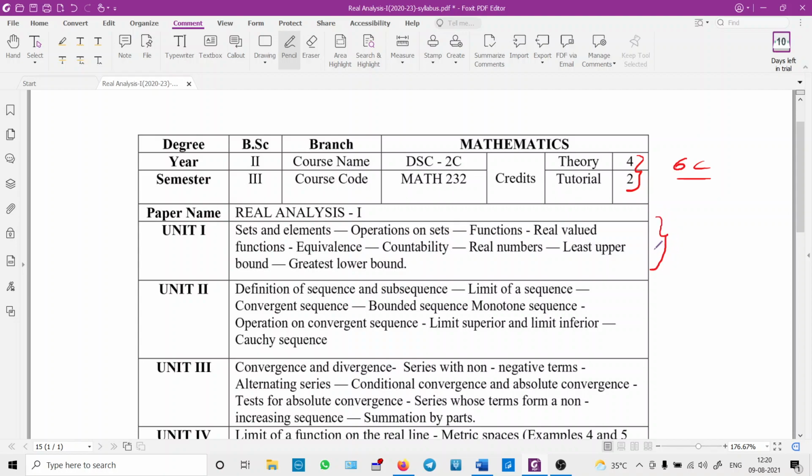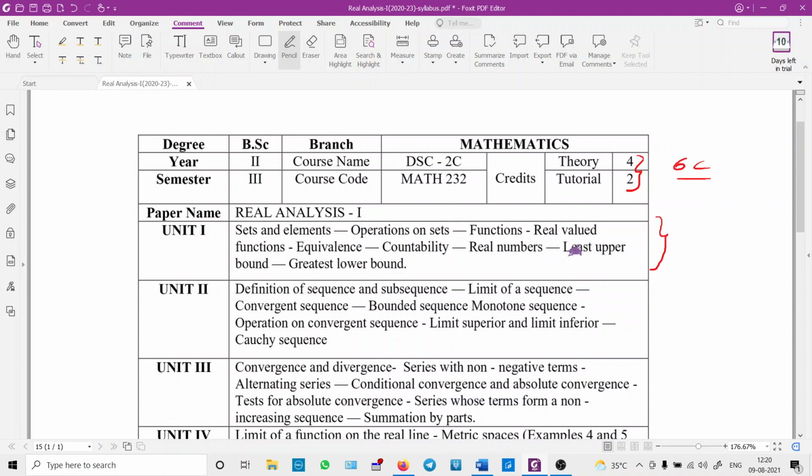It deals with sets and elements, operations on sets, these all are very basics, then functions, mainly real valued functions. Next year you will be dealing with complex analysis, where you will be studying complex valued functions. Next, equivalence, countability, and real numbers and some properties of real numbers we are going to see here.